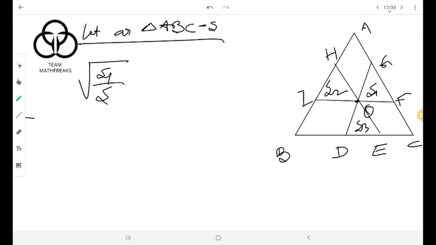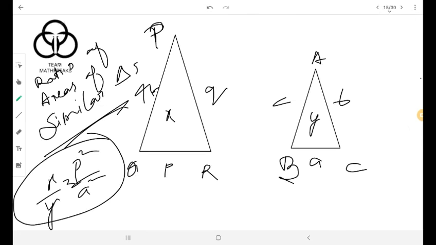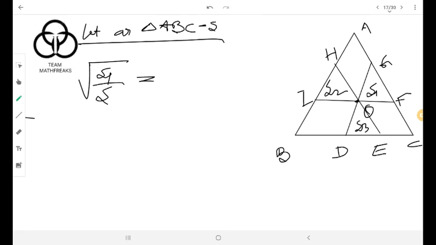The problem is solved only at this point. Using this, we can write this as GF over AC. Am I correct? We can write it.